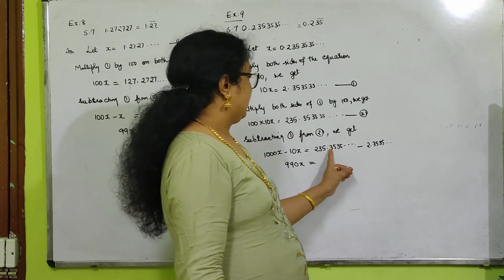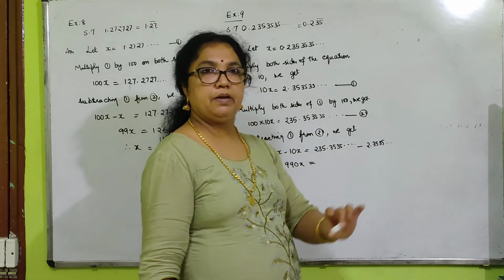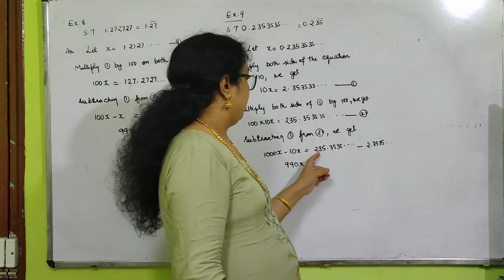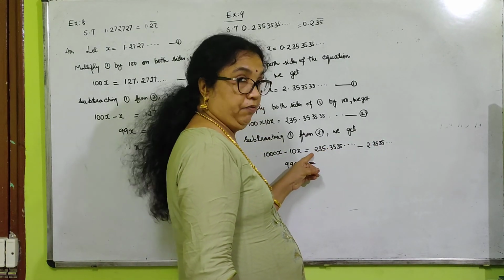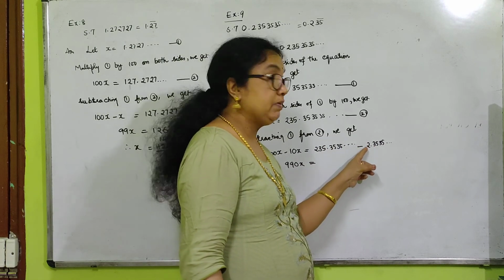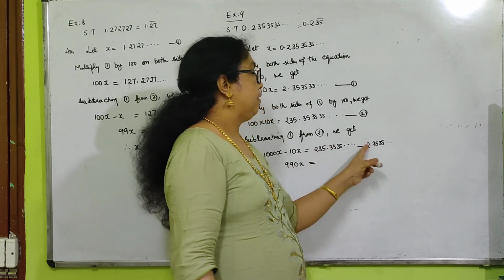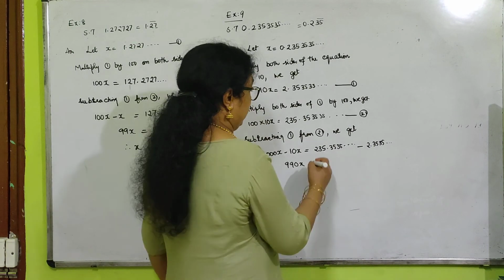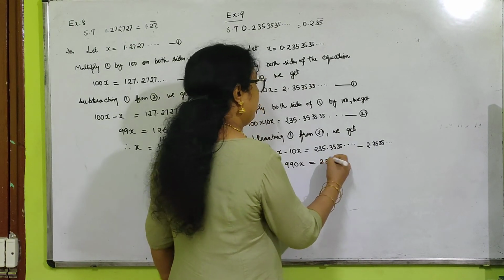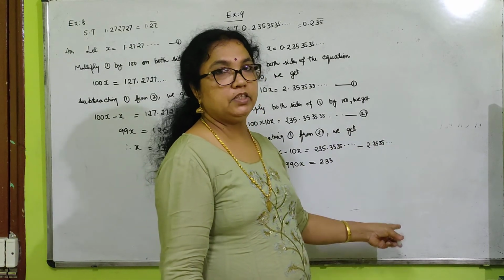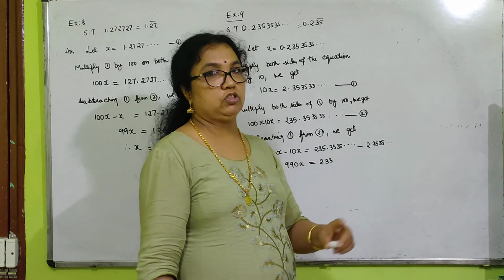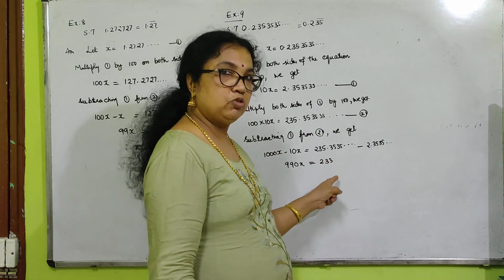Now, after the decimal the digits are the same, so that became 0. Before the decimal, 235 minus 2, which is 233. If there is a doubt, write these numbers in the margin and then subtract; otherwise I am showing it directly.